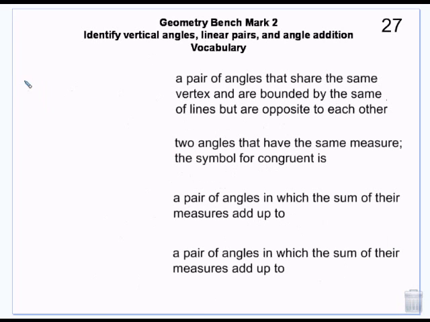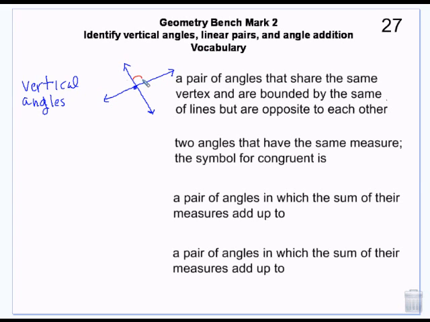We have vertical angles. Vertical angles are a pair of angles that share the same vertex, but they're bounded by the same set of lines. So it's not like two angles that are next to each other. It's two angles that are across from each other. If I draw two lines going in an X, here's the vertex.